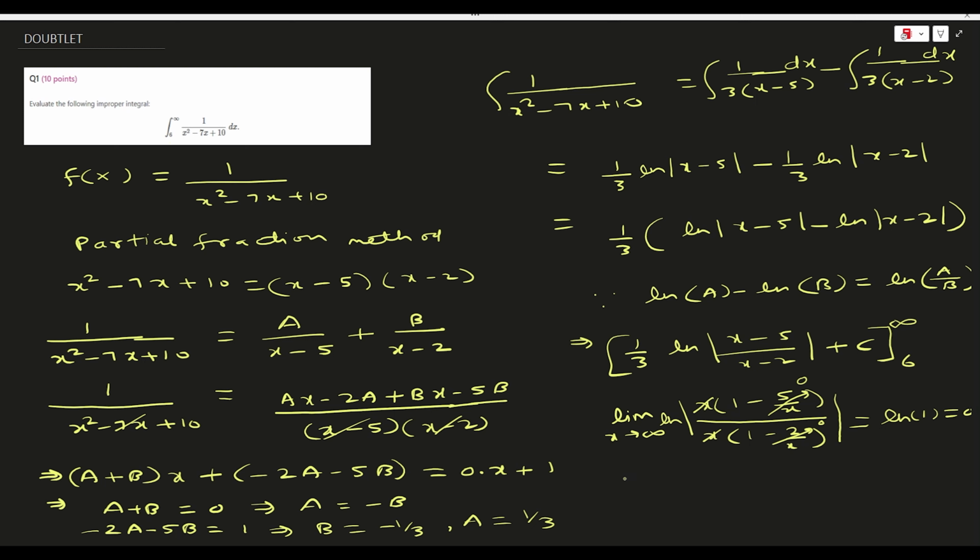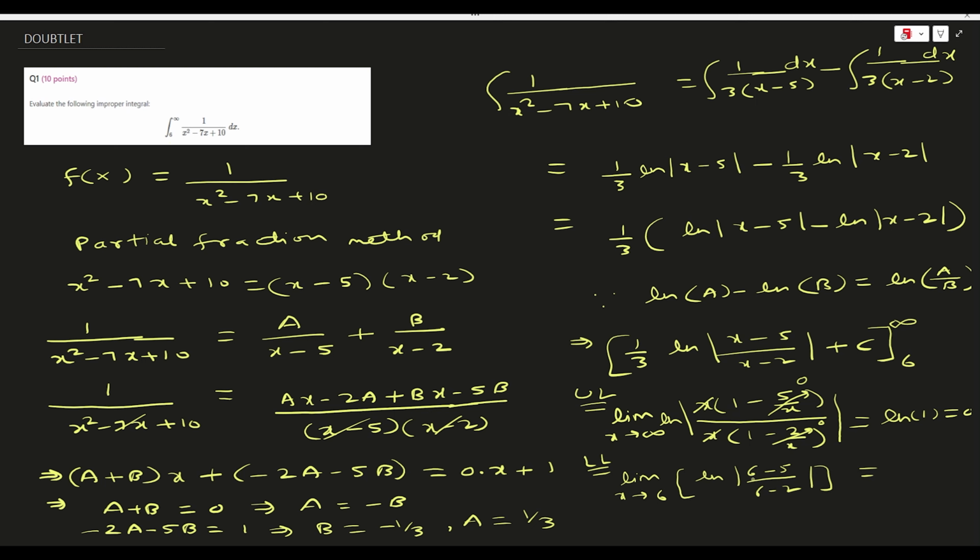And now if we put the limit x tending to 6, what will it become? This is the upper limit, and this is the lower limit, and this will become ln mod of (6 minus 5) divided by (6 minus 2).